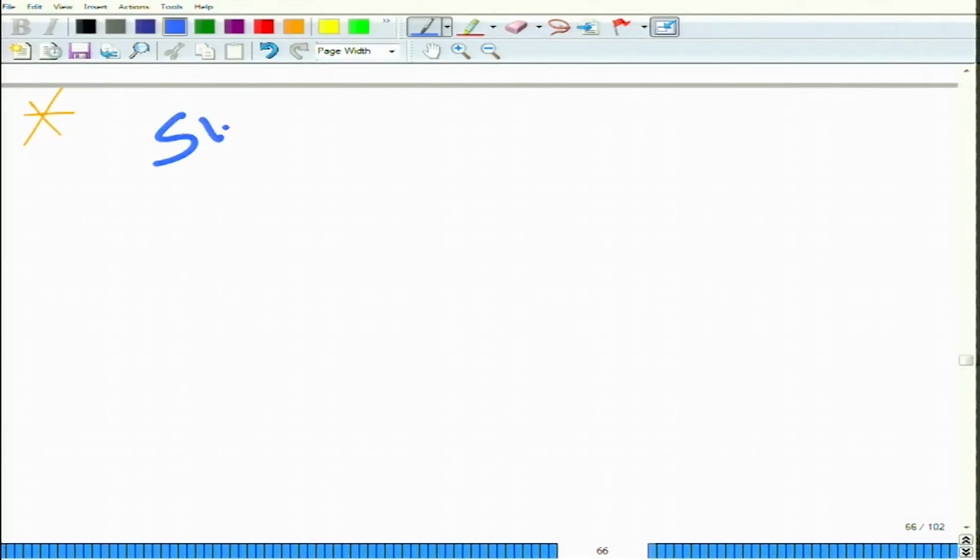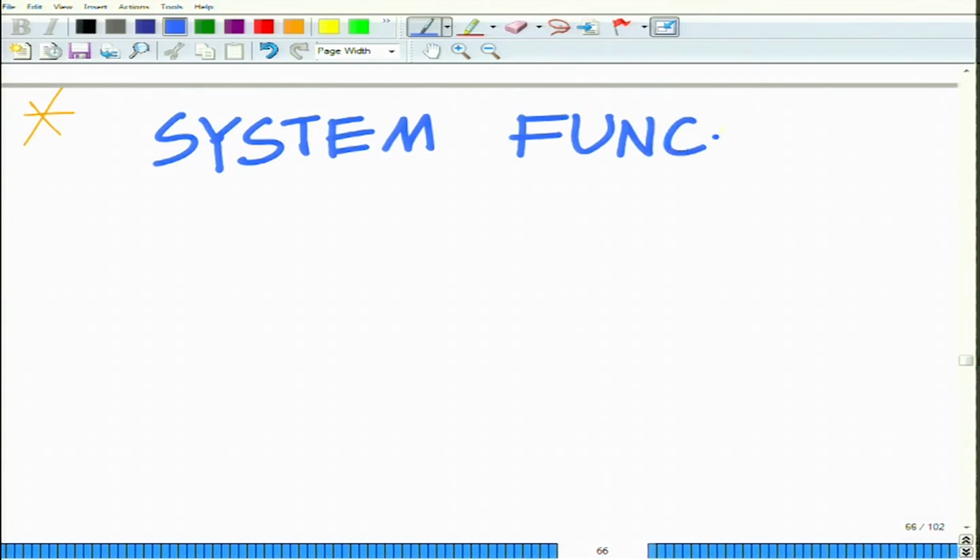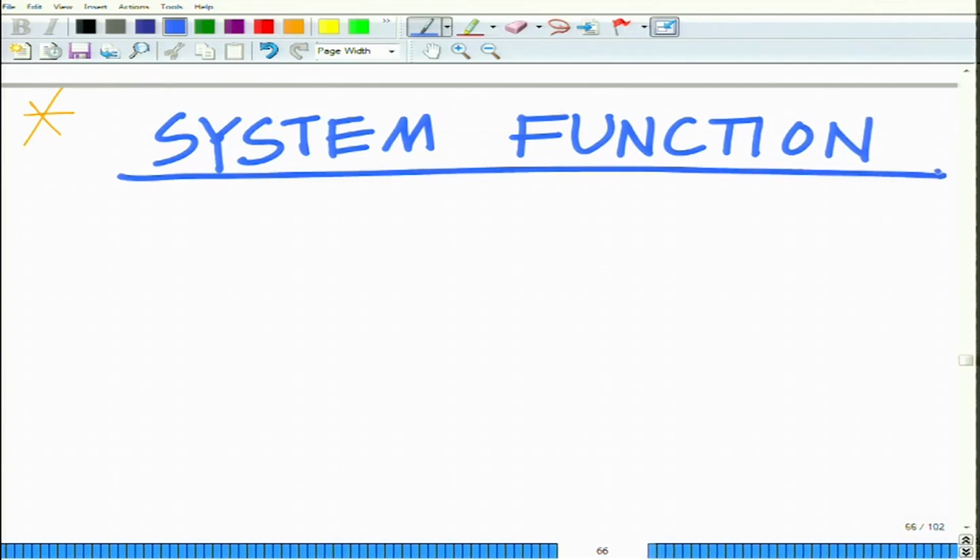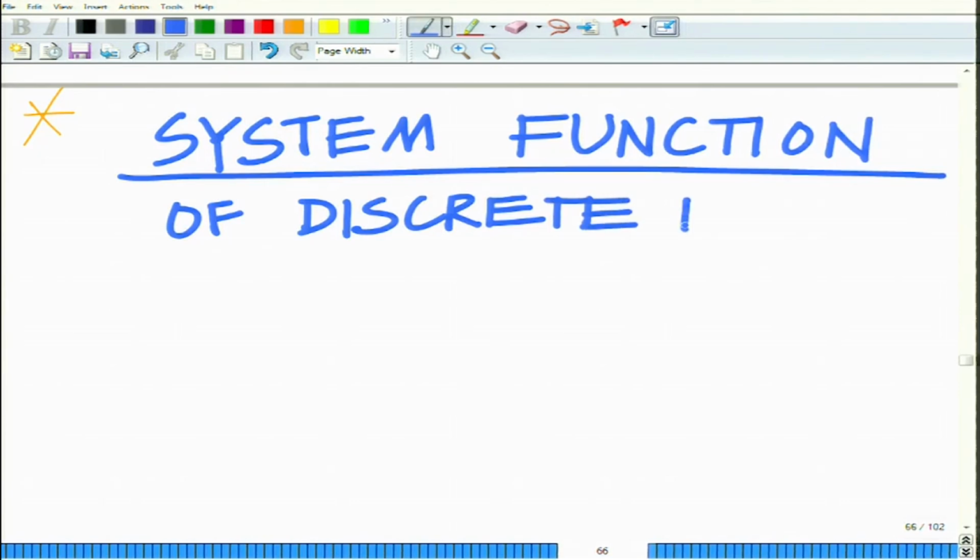Let us continue our discussion with the system function for a discrete time LTI system. We want to continue our discussion on the Z transform by looking at the system transfer function of discrete time LTI systems, because remember, the Z transform is used to analyze discrete time signals and systems.